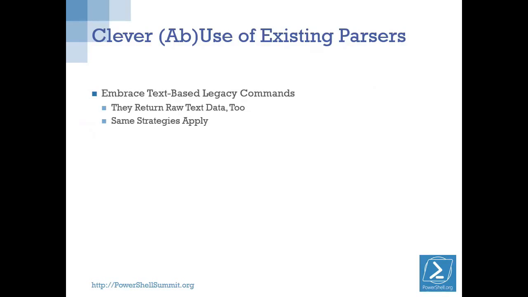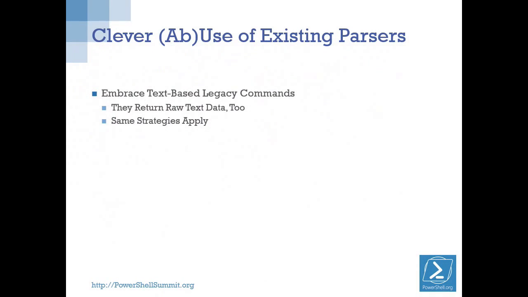The same principle that you've seen here for log files applies to any kind of raw text data. And there's a lot of interesting and useful legacy commands that by nature return text as well. And since PowerShell allows redirection of console-based commands, it's very easy for you to get to that text. It's just a matter of parsing it.